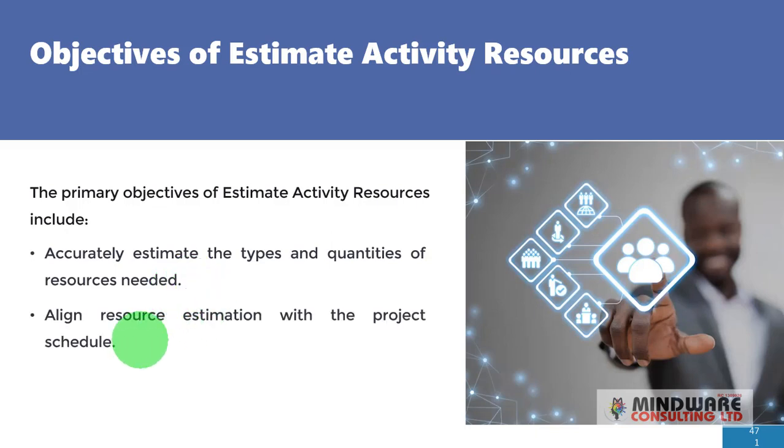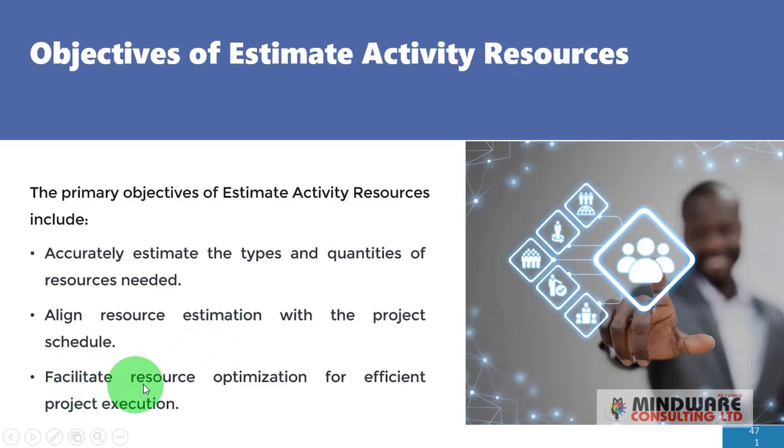Next, aligning resource estimation with the project schedule. You're going to be able to align the resources that you have estimated with the schedule of your project. Like we talked about initially, the availability of the resources, you're going to have to align that with your project schedule and the timeline.